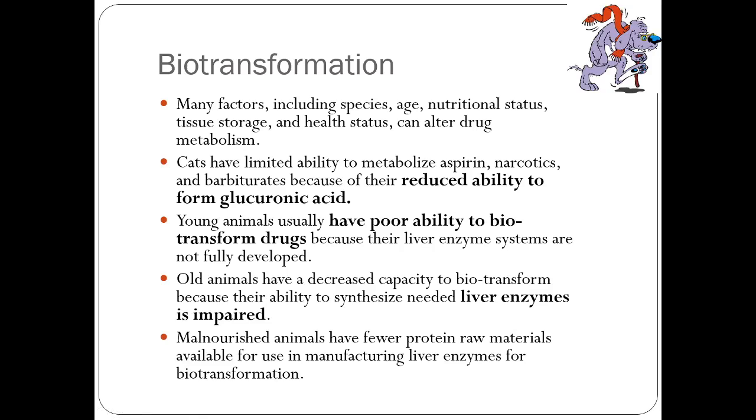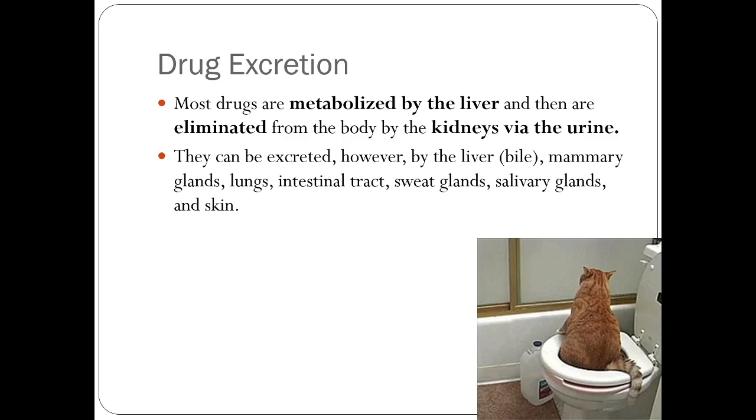Young animals also have a poor ability to biotransform drugs because their liver enzyme systems are not fully developed. Old animals have a decreased capacity because their liver enzymes could be impaired. Malnourished animals with fewer protein raw materials available, or if they have liver disease and don't have the protein necessary, then they cannot biotransform those drugs, and the drugs will remain in the system and become toxic.